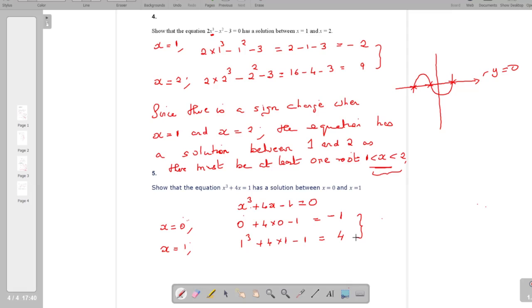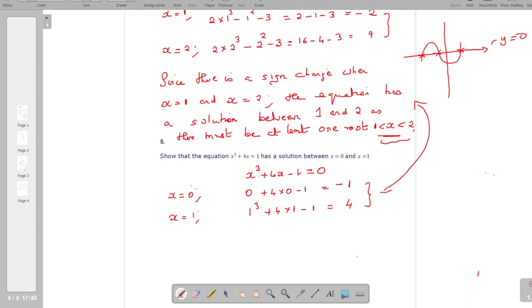So you could see again a sign change. Since there is a sign change, we could say that the equation has a solution between 0 and 1 for the said reason here. So we could write the same thing.